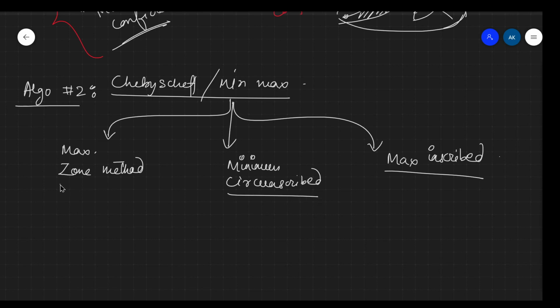Like in our linear, our main funda was least square. In this, our main funda is something else.